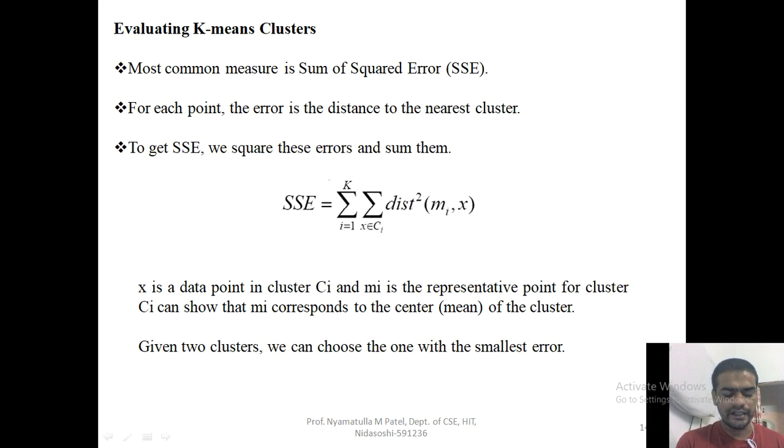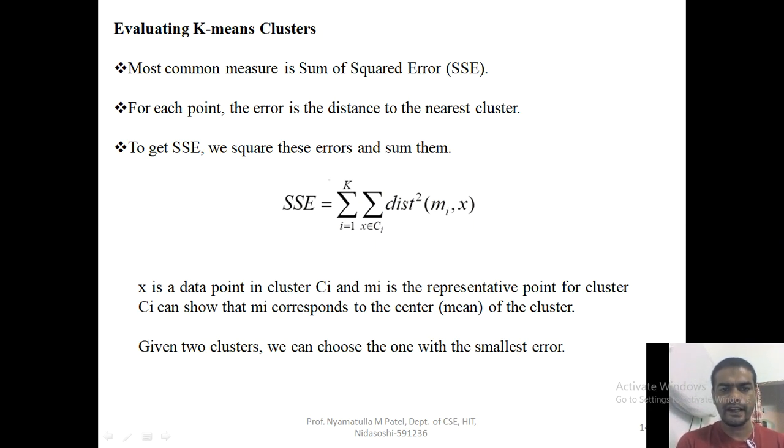If the distance is more, then the clusters are very far away, and if the distance is less, then one point belongs to more than one cluster. So we need to form clusters in such a way that all the objects in one cluster belong to only one cluster, and should not be a part of the other cluster.